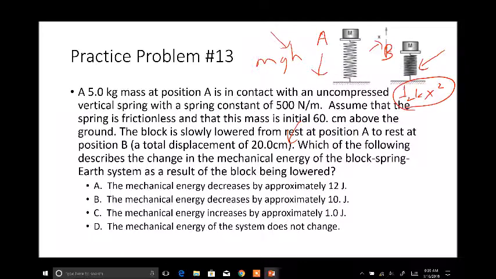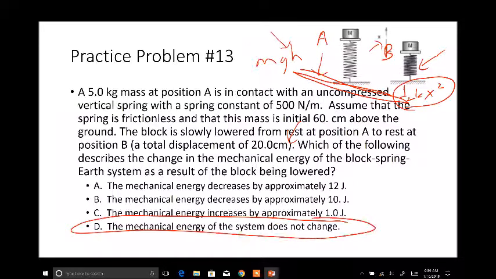And it turns out the negative change in gravitational potential energy is the same as the positive change in the elastic potential energy. So essentially what we're saying here is because there's no friction, mechanical energy is conserved. The mechanical energy of the system doesn't change. So we're looking at answer D as the correct answer. We could calculate this using these equations, but theoretically, I think this makes sense.